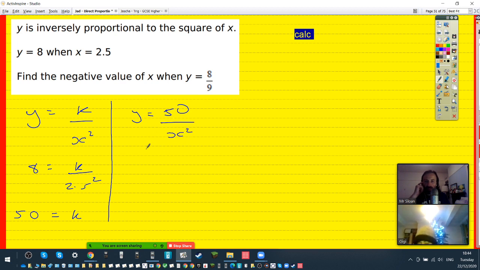Okay. What information did they give us? y is 8 over 9. So y is 8 over 9. And is the difficulty solving this?